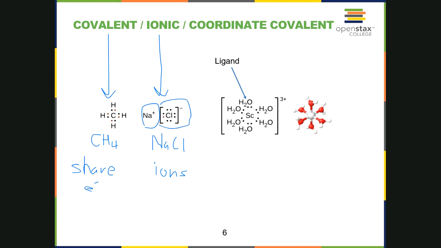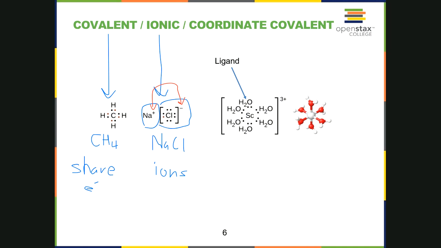And then we're not sharing electrons to hold the molecule together. We have an attraction between opposite charges. So we've got an attraction between the negative and the positive. And in the case of covalent and ionic, there's some pretty easy rules to figure out what kind of formula you're going to end up with.